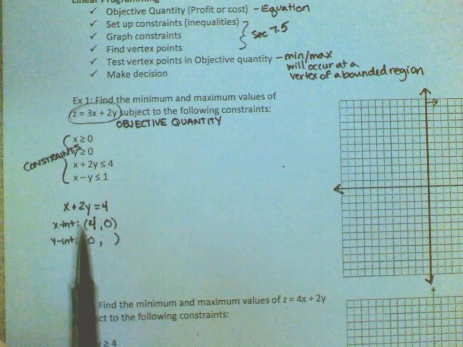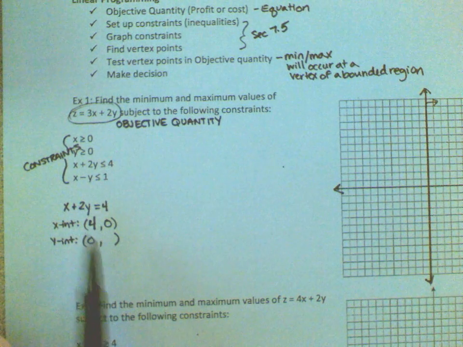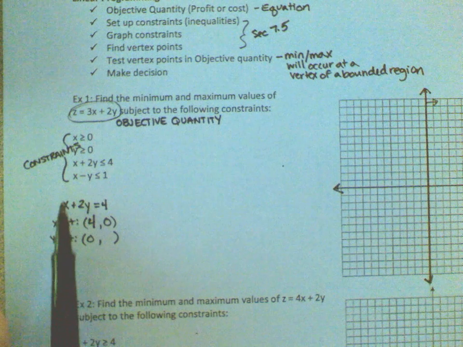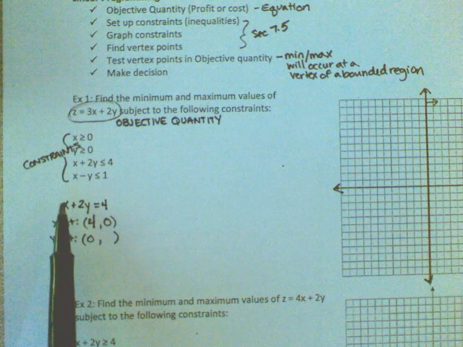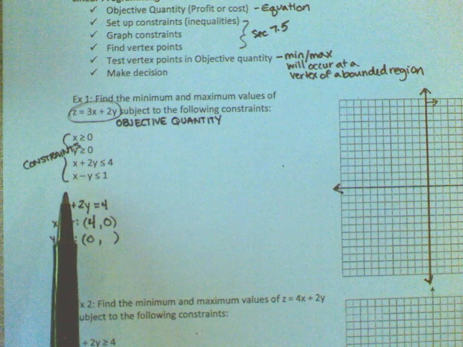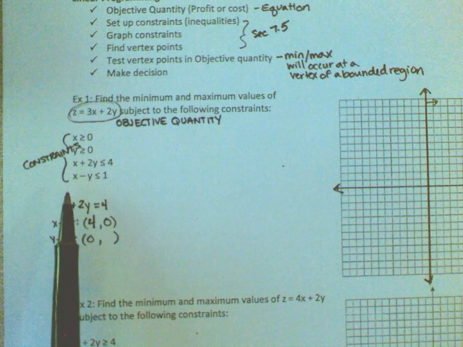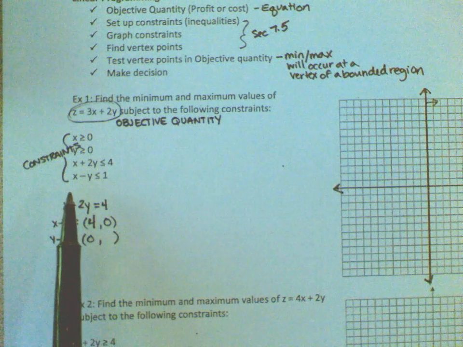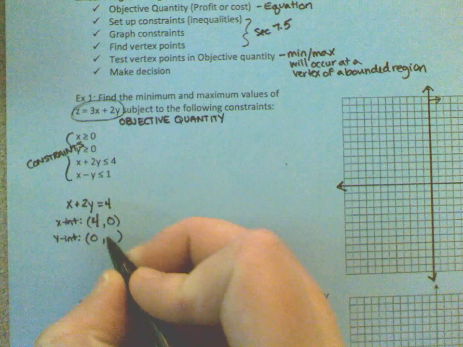If I want to do the y-intercept, I plug 0 in for x, and that will turn to 0, right? Identity property. And then I'm left with the equation positive 2y equals 4, so what's my y-intercept? 2, because you would solve that by dividing both sides by 2. So my y-intercept is at 2.